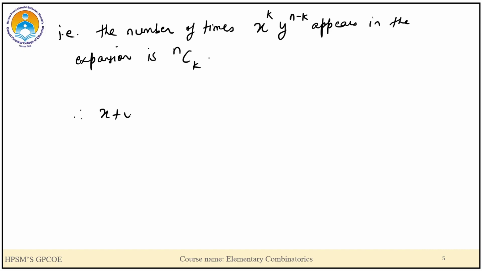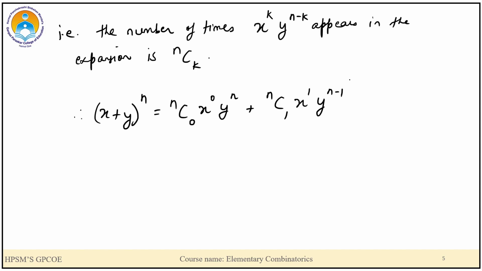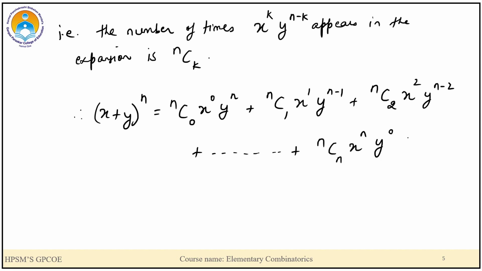Therefore, we must have this expression, x plus y to the n should be equal to the term containing 0 x's and all n y's, plus the term containing exactly 1 x and the remaining part of the product containing y, followed by 2 x's and the remainder of y, and we go on until I am left with all x's, that would be nCn, x raised to n, and no y's.